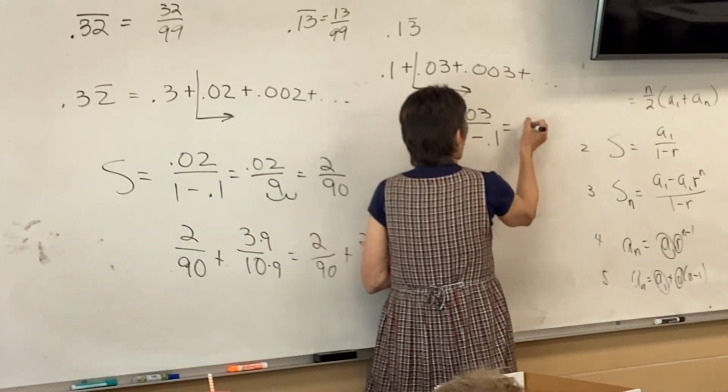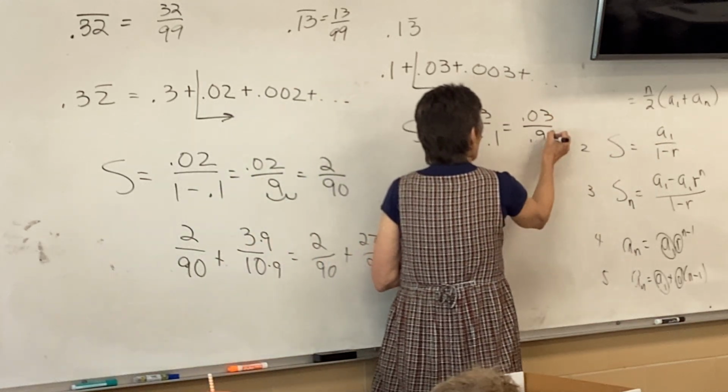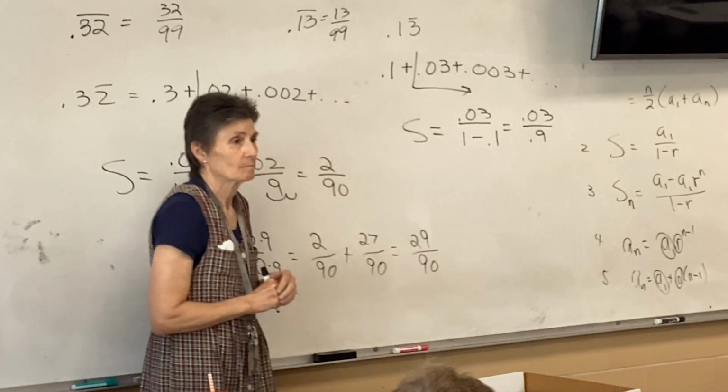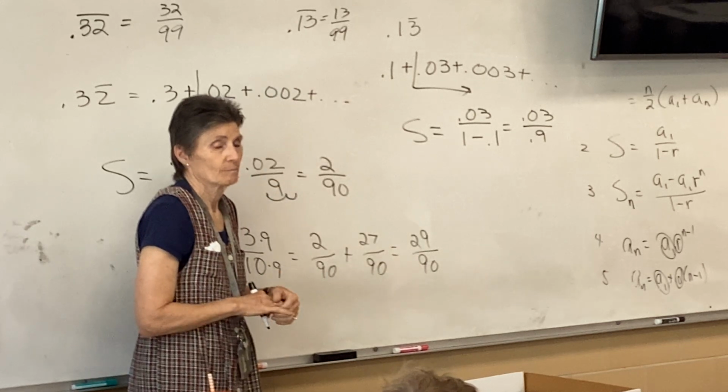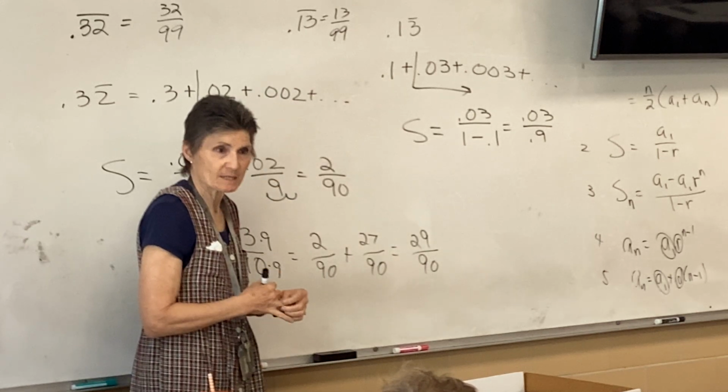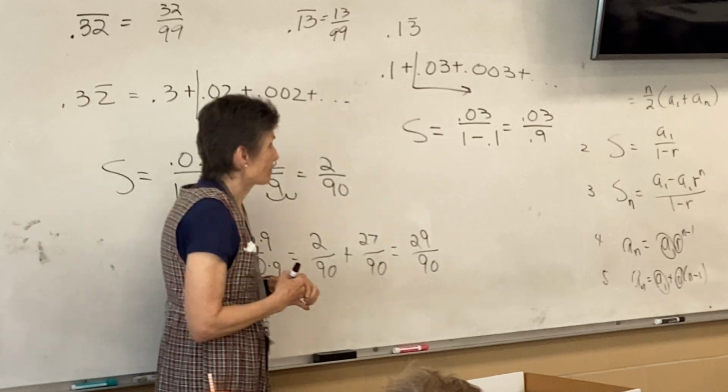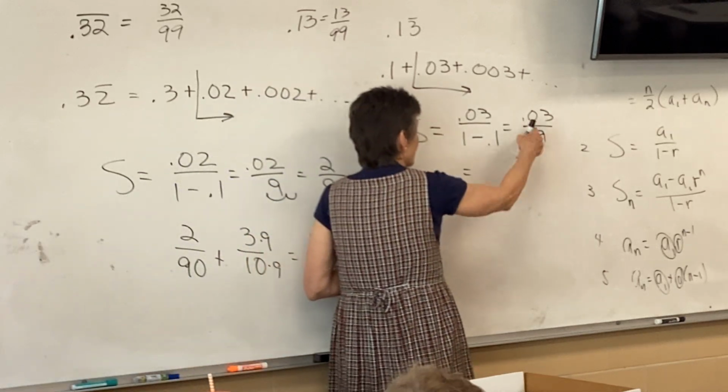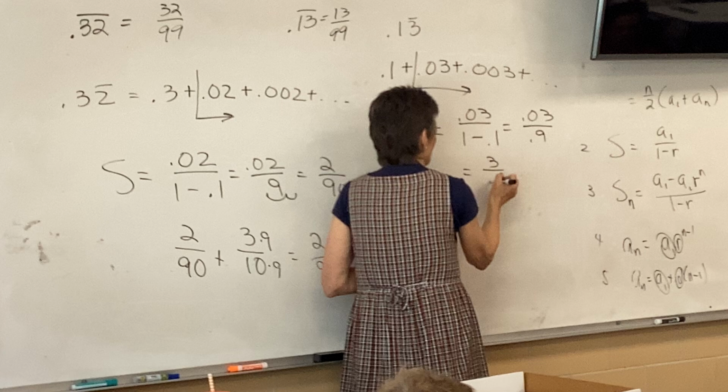So what have I got? 0.03 over 0.9. Let's move the decimal. What would that become? 3/90.